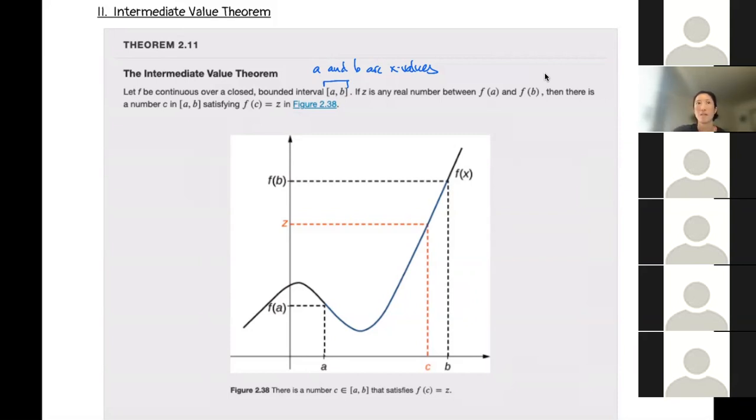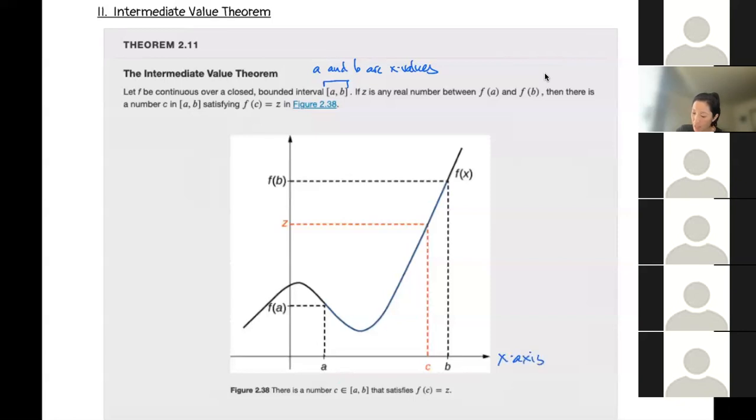The graph has a defined series of inputs. There are only so many inputs on it. Exactly. And I notice that I see a and b, and they're along the x-axis.